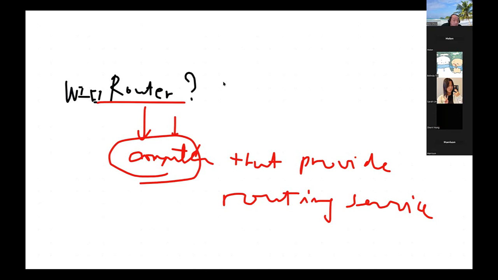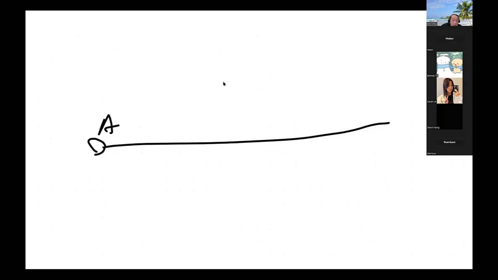Let's assume that you are here and your friend is here. I want to send an email from point A to point B. It is impossible to connect a line directly connecting A and B. Nowadays, we don't do that. So in the middle, you may have different points.